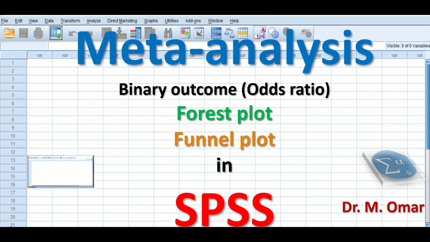The meta-analysis also will generate an outcome by drawing a forest plot. A forest plot is a graph presenting the result of the meta-analysis, and that graph consists of three sections.